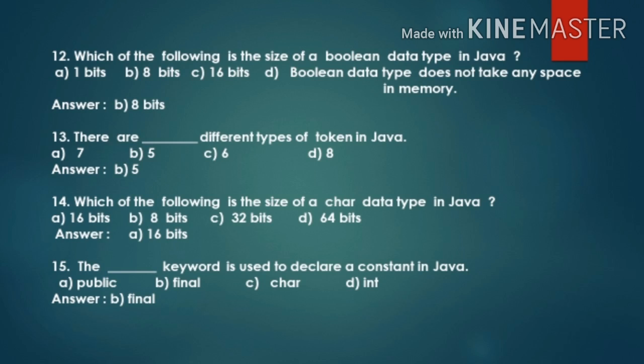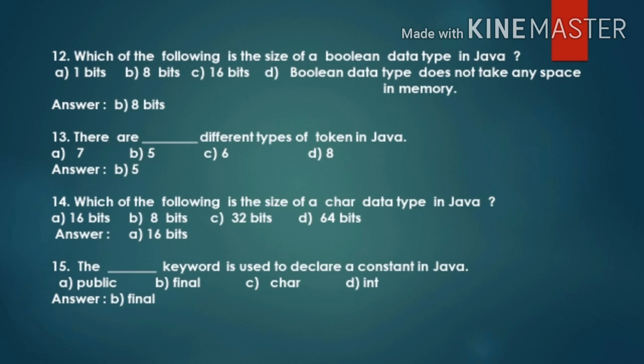The correct answer is B. 8 bits. Question number 13. There are dash different types of token in Java. The options are A. 7, B. 5, C. 6, D. 8. The correct answer is B. 5.